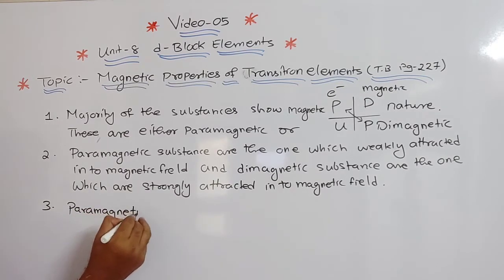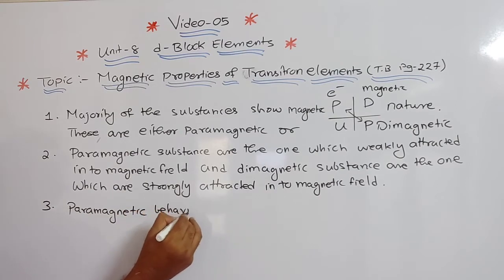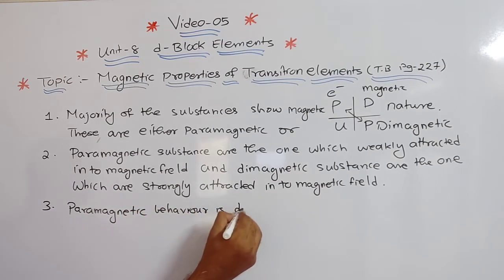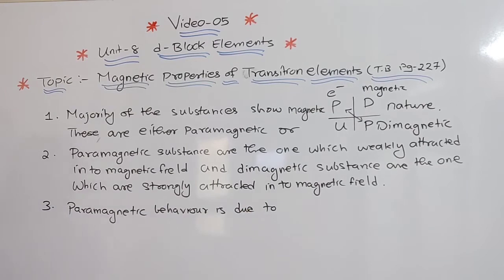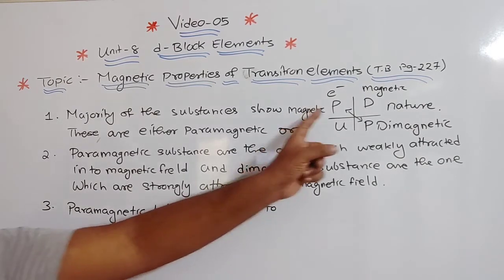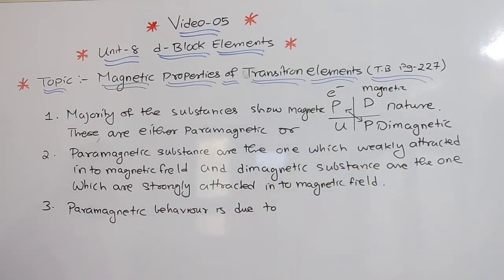Paramagnetic behavior is due to unpaired electrons.